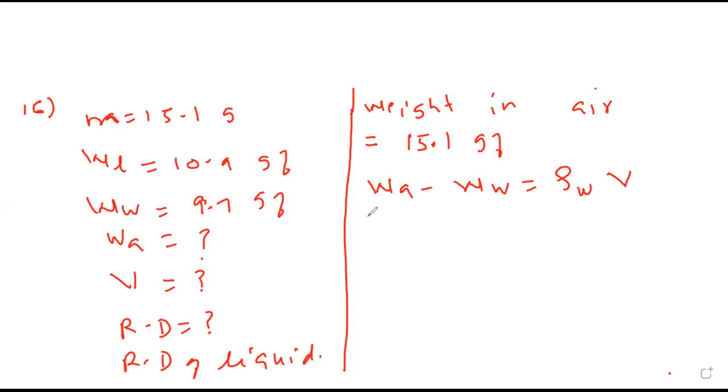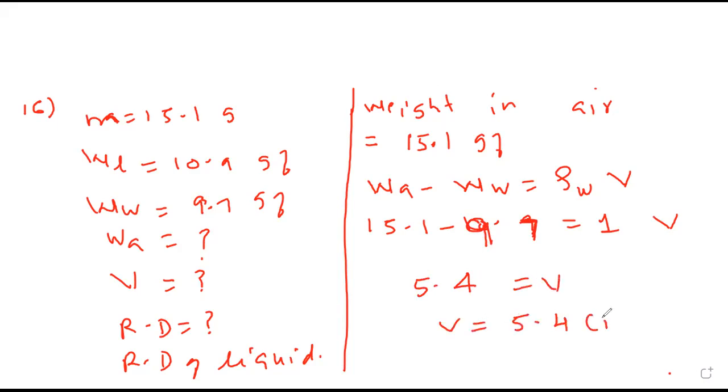So 15.1 minus 10.9, density of water 1, into volume V. Weight in water is 9.7. So 15.1 minus 9.7 is 5.4 equal to V. So volume is 5.4 centimeter cube.